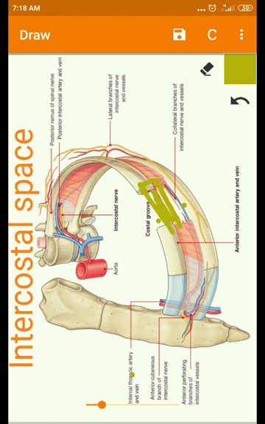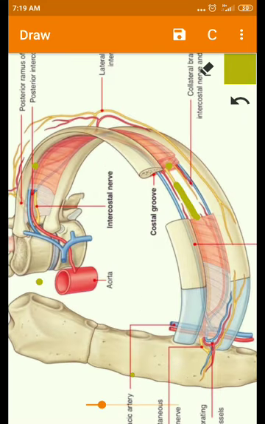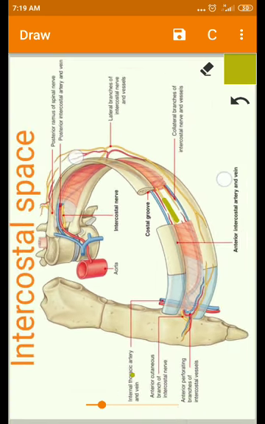The vessels are intercostal vein and intercostal artery, and the nerve is one pair of the corresponding spinal nerve on both sides. So these are the contents of intercostal space.